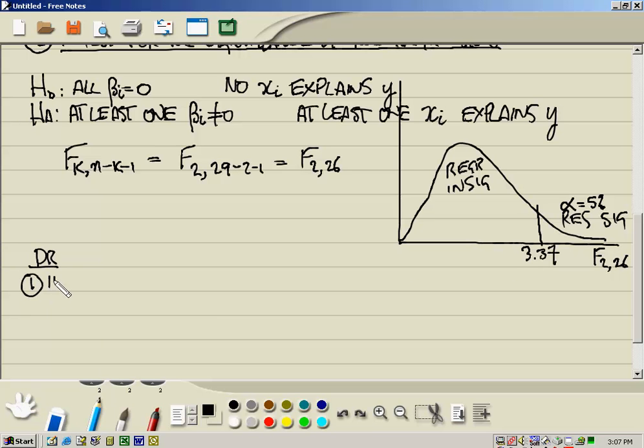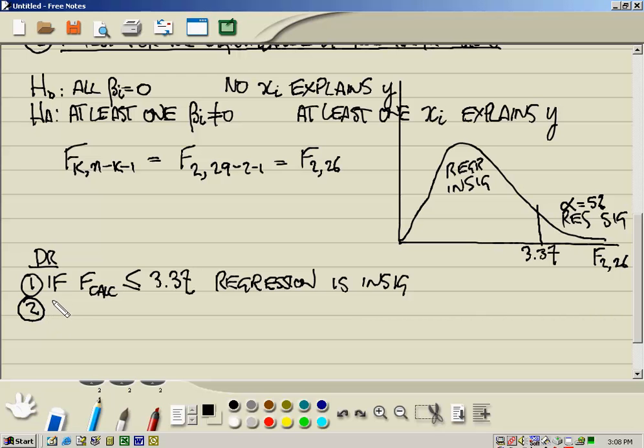A quick decision rule: if F-calc from the regression is less than or equal to the critical value 3.37, we'll say simply that the regression is insignificant, meaning that there could be no explanatory power there, or the explanatory power is so weak that we can't tell if there is anything there or not.